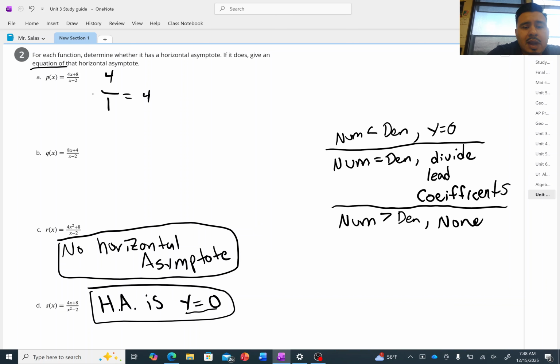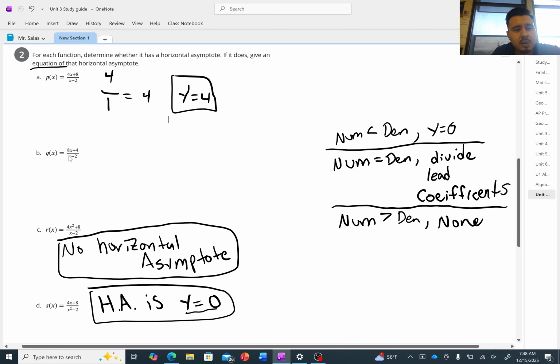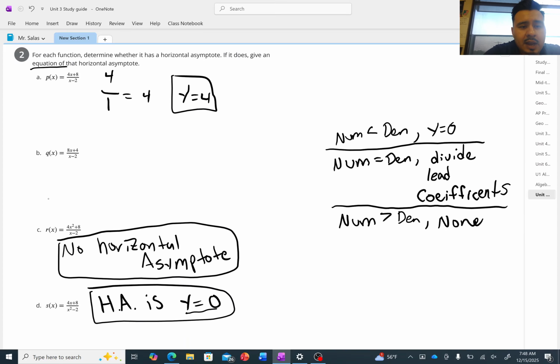So I'm going to say that my asymptote is at y equals 4. And that's my answer. Let's look at B in this case. I take my 8 over x, that's 8, divided by 1, that's 8. So y is equal to 8. Boom. And that is it for this problem.